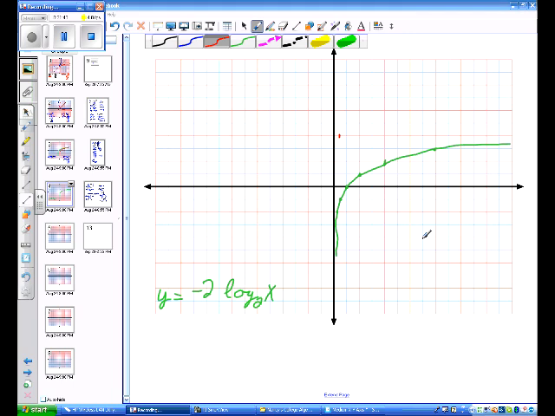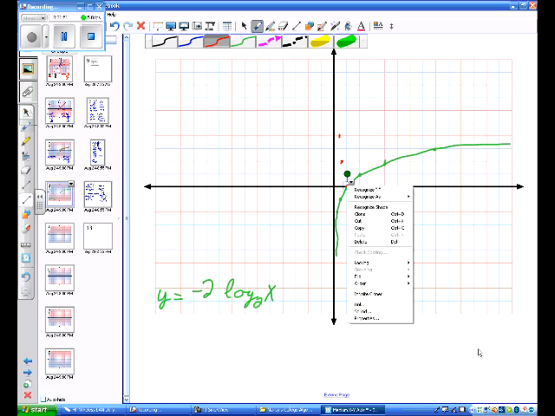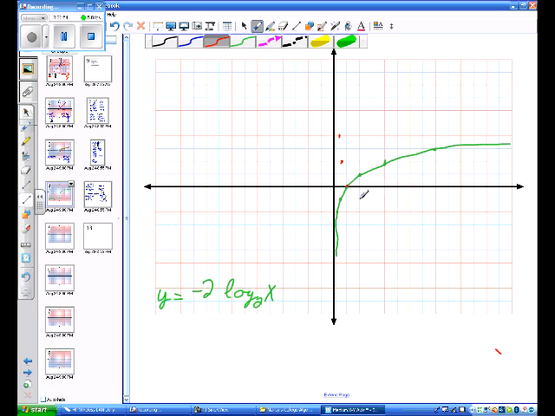At 1/2 we were at -1, so times -2 would put us at +2. At 1, we're still going to be at 0. At 2, 1 times -2 would put us at -2. At 4, 2 times -2 would put us at -4. And 8, 3 times -2 would put us at -6.